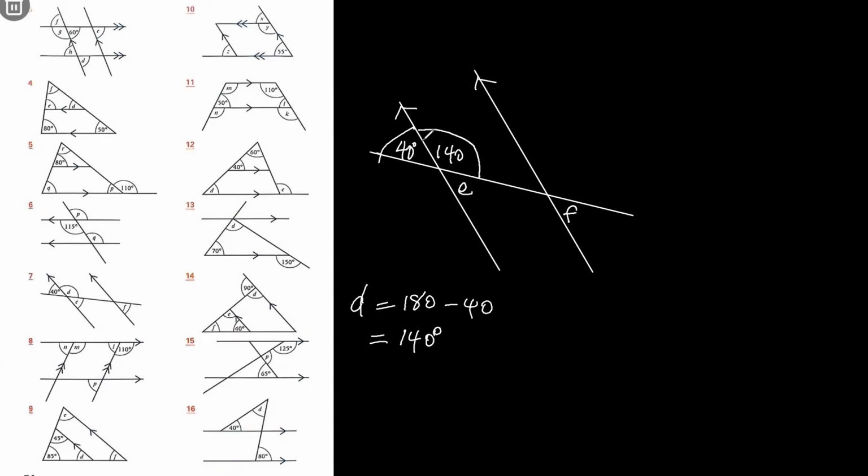But the 140 and the E, so this will be supplementary. When they're on a straight line, it's supplementary. Don't forget that. But notice the E and the 140 are also on a straight line. So that will be 180 minus 140.